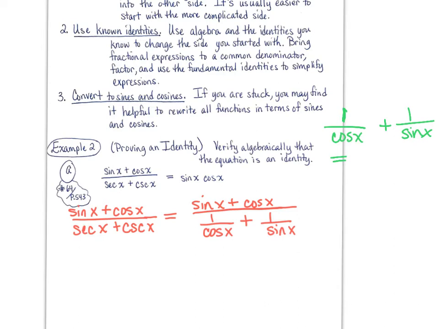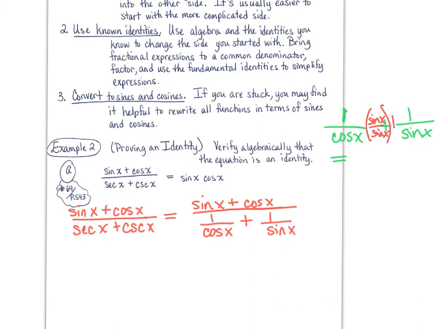Don't go backwards. Don't tell me it's secant of x plus cosecant of x. What would this be with a common denominator? Multiply the 1 over cosine x by sine of x over sine of x.